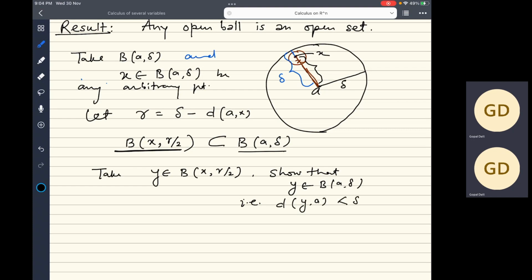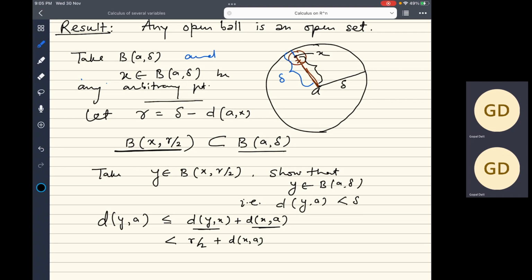Do this. The distance between Y and A is less than or equal to the distance between Y and X plus the distance between X and A. Correct? You know the distance between Y and X is less than R by 2. And the distance between X and A is d(X, A).